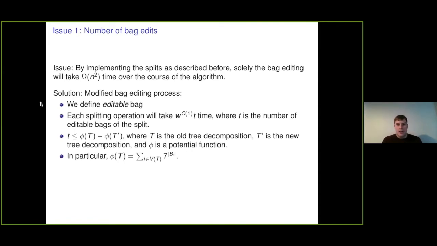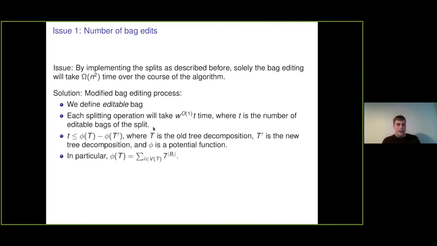So we define what is an editable bag, and basically we show how to implement the splitting operation so that it takes time that is polynomial in the width of the tree decomposition and linear in t, where t is the number of editable bags of the split.